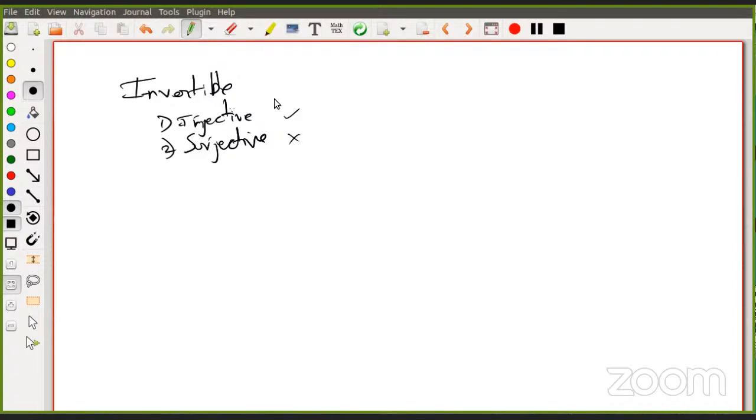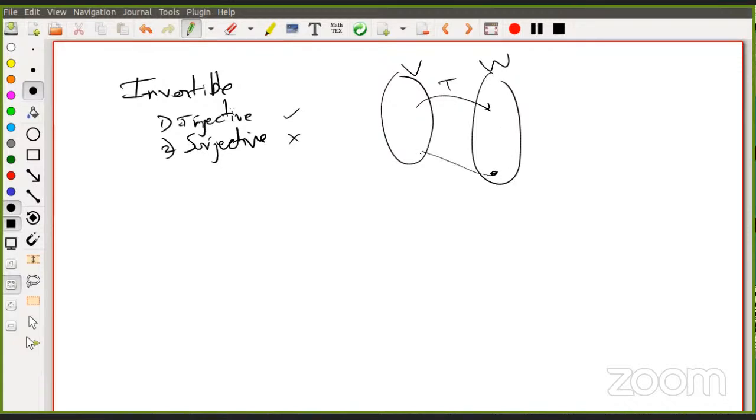So the way to think about invertibility is, for example, if this is the vector space V and this is the vector space W and T maps from V to W, for any vector in W, you need to have a preimage in V. This is a picture of the linear map that Professor Andrew would have drawn several times in class.